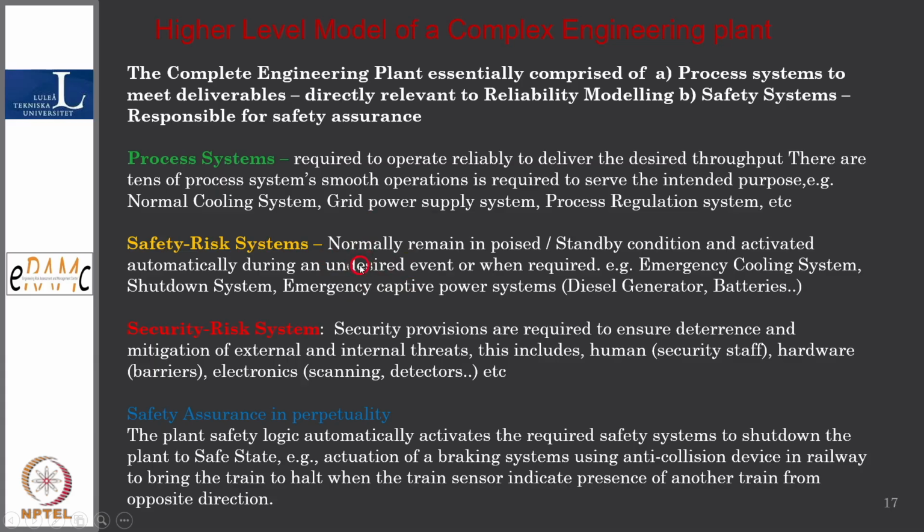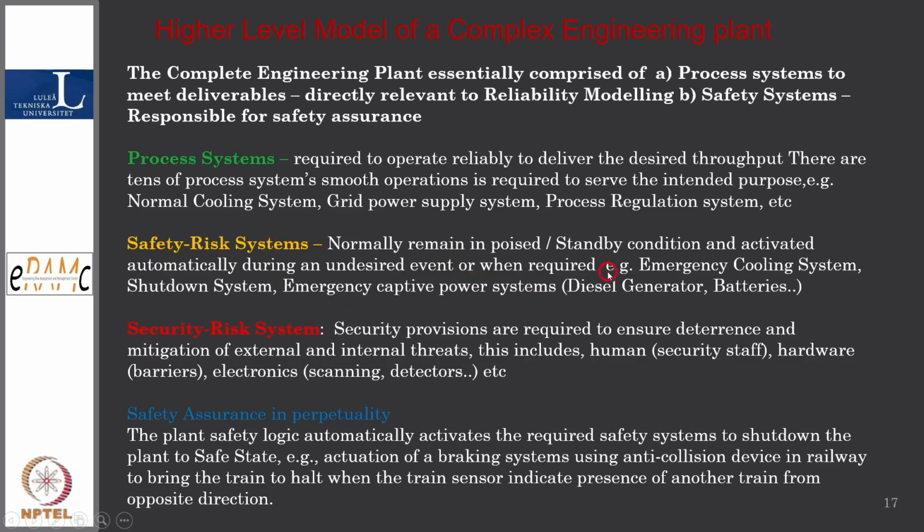It may also mean derating, or it may mean activating some system which ensures the fundamental safety aspects, like the shutdown cooling system. Okay. Emergency captive power: when the normal power supply fails, the emergency captive power, diesel generator or batteries, should provide power to the plant for emergency purposes, because big machines will be shut down, but the safety systems should get the power. So this is the function of safety systems. Okay.